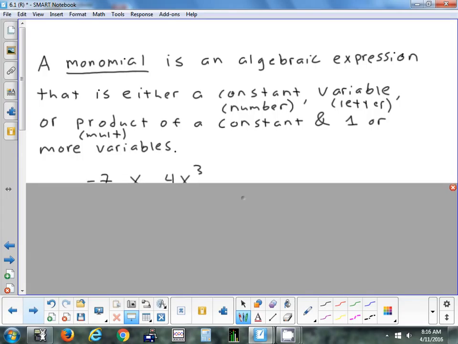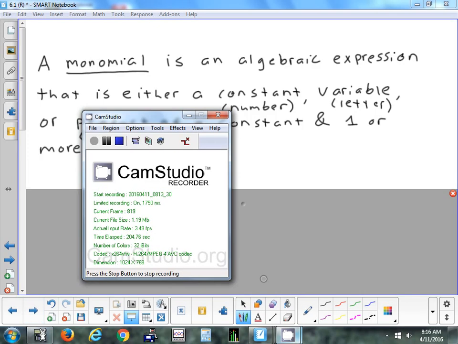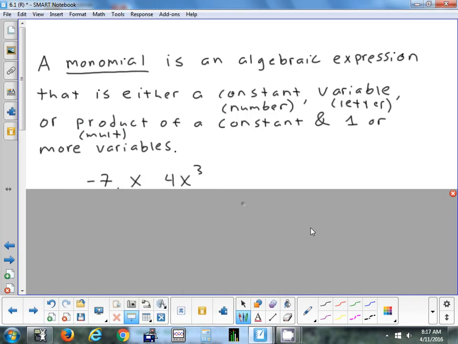So let's look at some examples and see if these are considered monomials or not monomials. Let's look at this first one. -7. Let's read the definition and see if that fits. Is -7 a number? Yes.